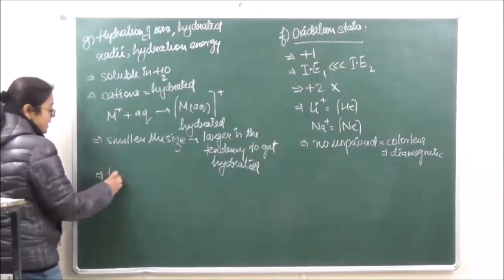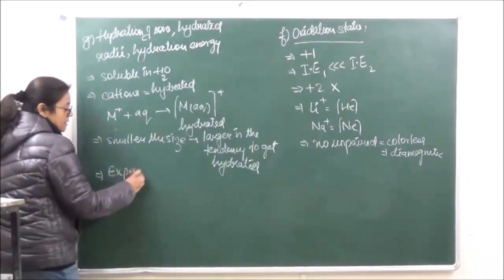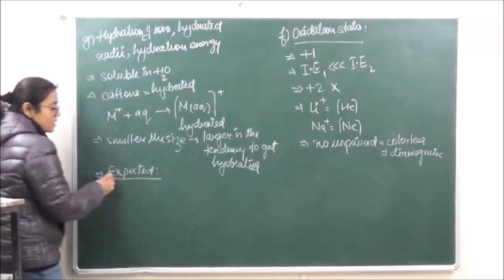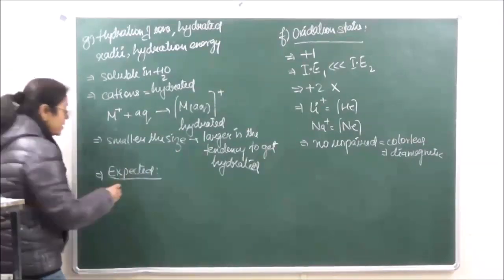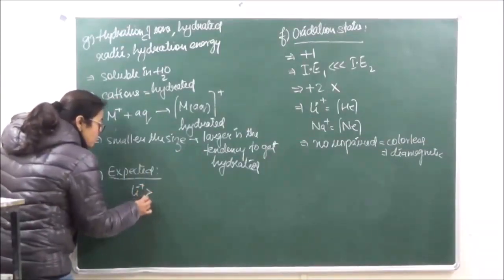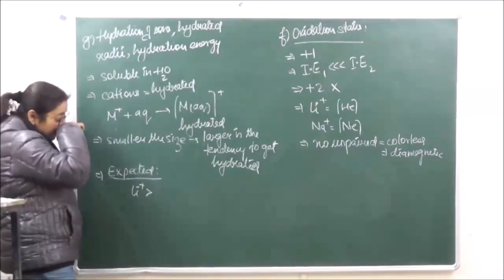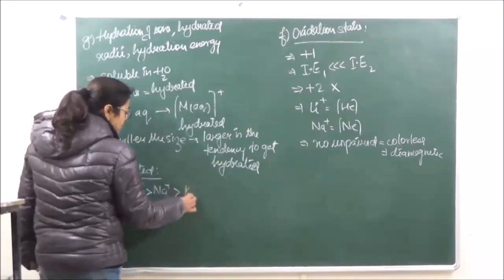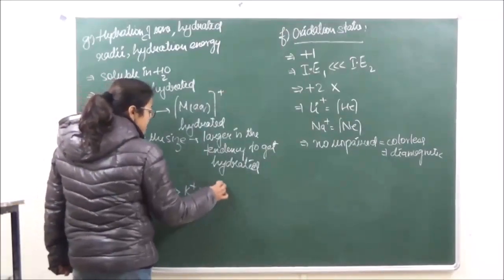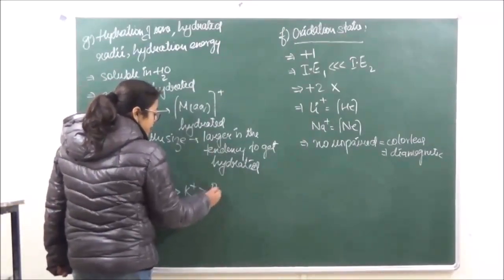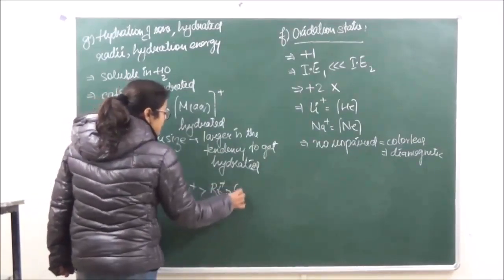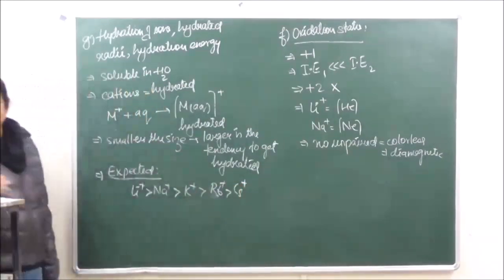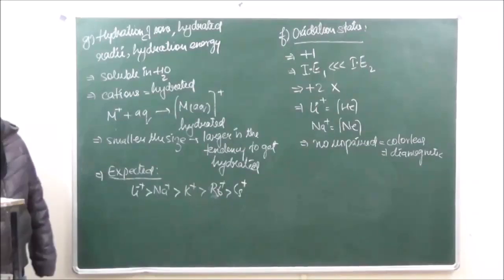So the expected trend to get hydrated is: lithium, being the smallest size, should be most easily hydrated, then sodium, then potassium, then rubidium, and then cesium. So this should be the expected trend.